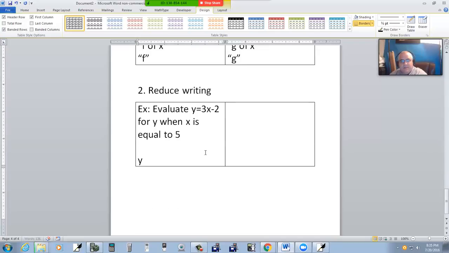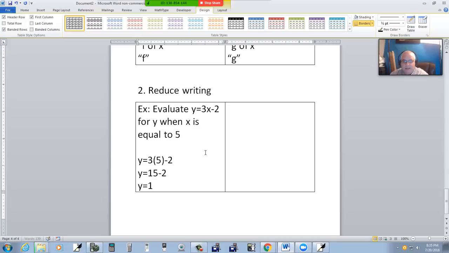Well, how you'd solve this is you'd go through and you put 5 in for your x. And you'd end up with 13. And instead of writing it that way, you could say that f of x is equal to 3x minus 2, and then you say find f of 5. Now that says the exact same thing as all those words over on the other side.